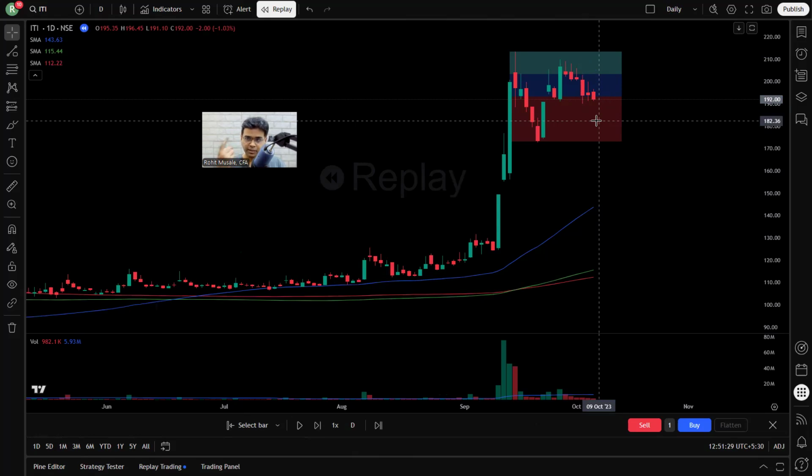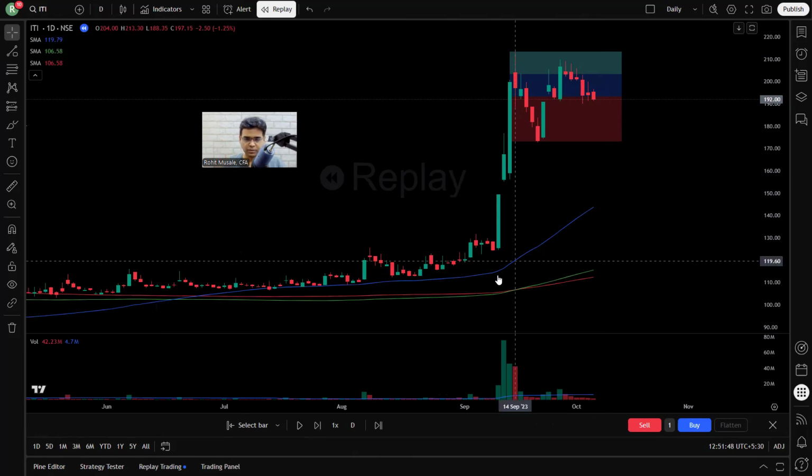So in spite of the fact that this base has got less than 15 candles, in spite of the fact that there is risk inside the base because the distance between the closing price and the buy point is more than 5%, look what happens.